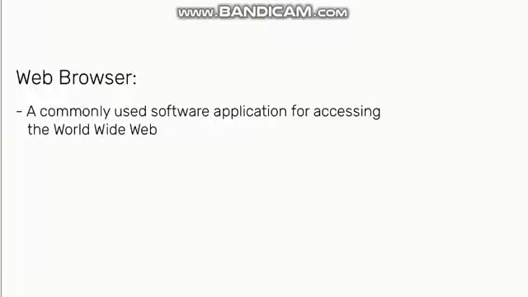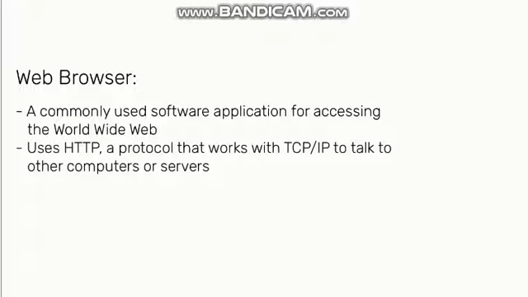The browser uses HTTP to send and receive hypertext, which is just text that contains links to other text. And HTTP is just a protocol or set of rules that sits on top of the TCP/IP set of rules to move text from one computer to another through the cables and through wireless means.